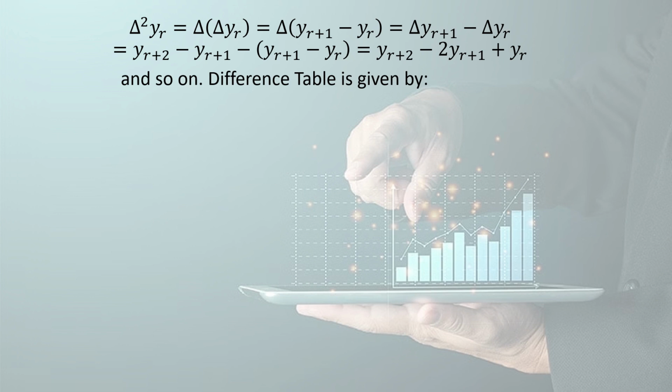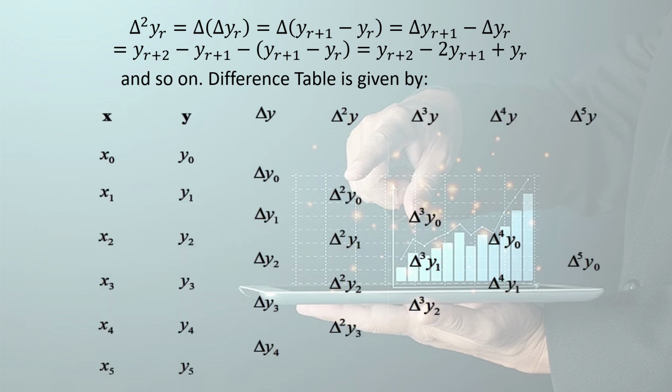And then we can accumulate all these differences in a table, which is known as a difference table. There is a proper way of writing a difference table, and the way is we simply find the difference between y1 and y0, and that will be placed between them.